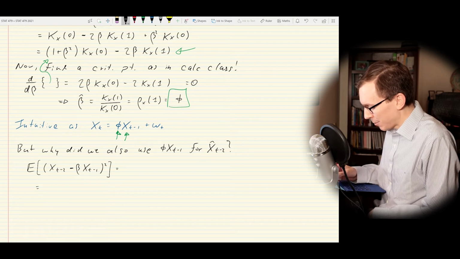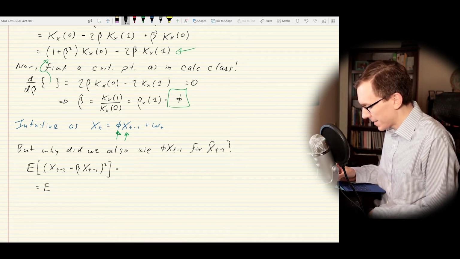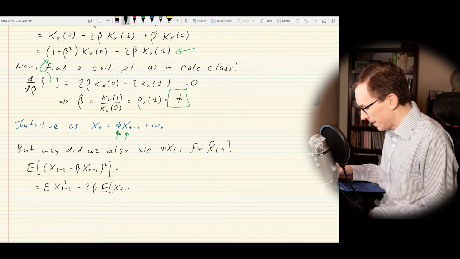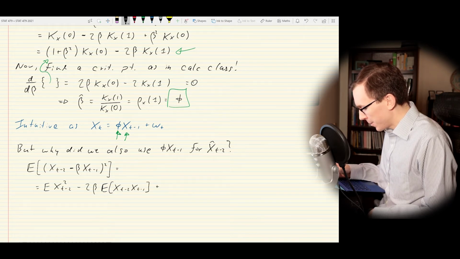Anyway, we're going to do exactly what we did before. Expand the quadratic, step 1. And we get something that looks like this, xt minus 1, and then we get the last term, beta squared, expected value, xt minus 1 squared.